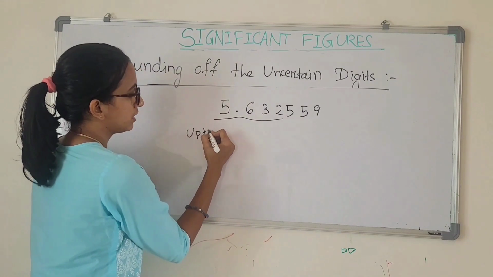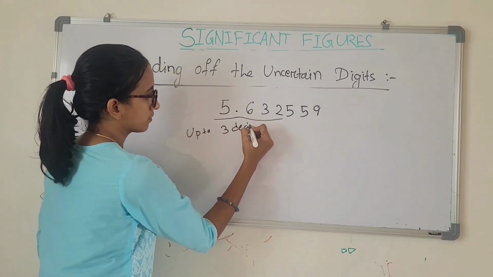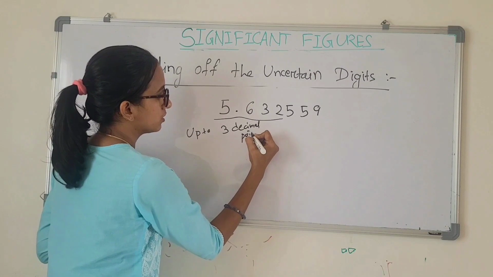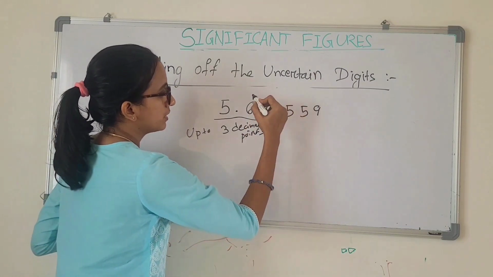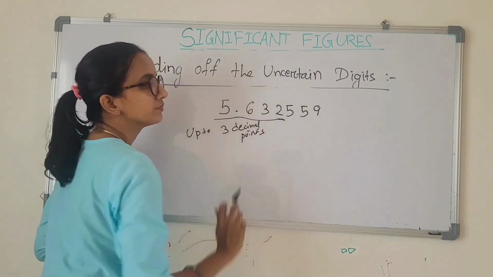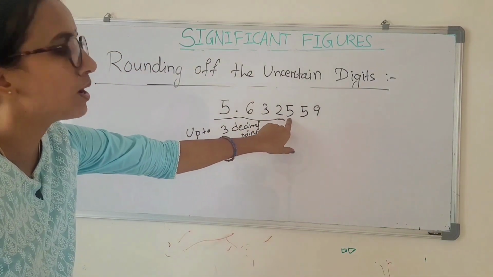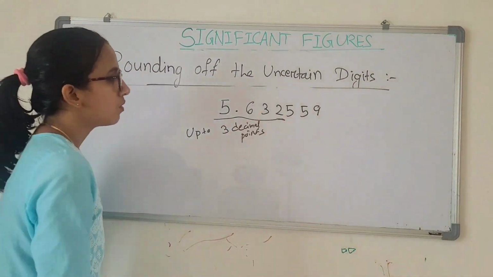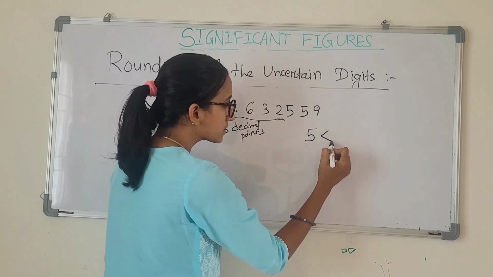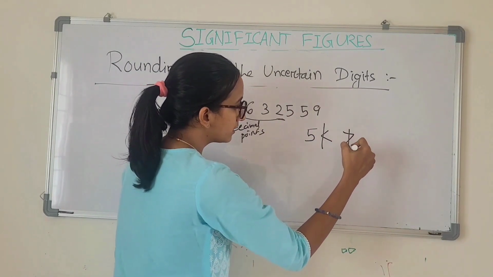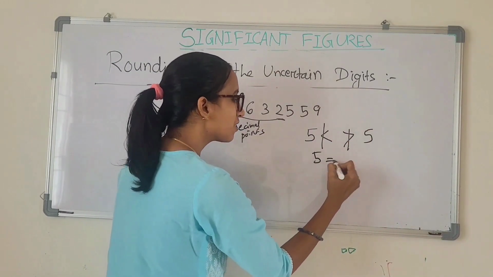Up to 3 decimal points means up to 2. The next number is 5, which is neither less than nor greater than 5. It is equal to 5.